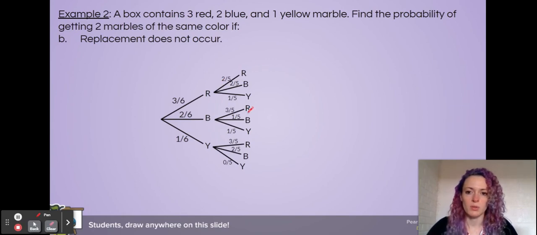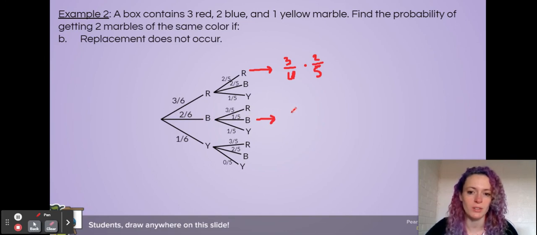All right, so I cleaned this up a little bit, and now we're still looking at the probability of getting 2 marbles of the same color. So I'll still look along my red branch of 3/6 times 2/5. I'll still look at my blue branches, 2/6 times 1/5. And I'll still look along my yellow branches, 1/6 times 0/5, or just 0, either way.